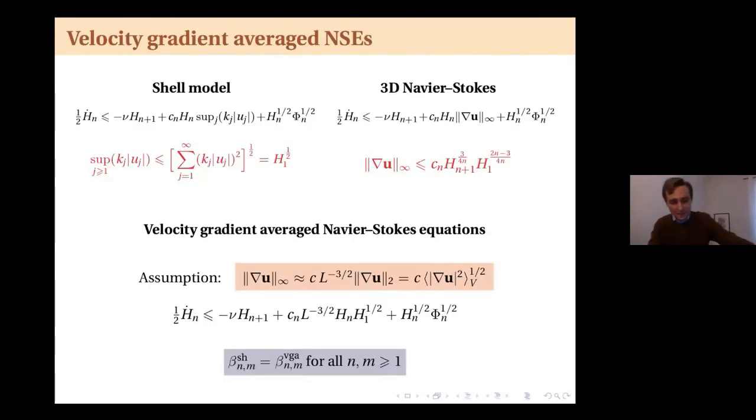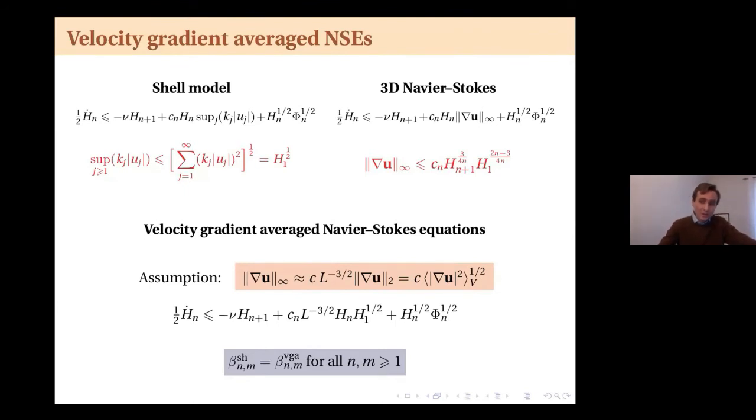And it turns out that if we supplement the Navier-Stokes equations with this constraint, so we assume that the gradient in infinity norm is approximately the same, I can replace it with the gradient in L2, which means the largest values of the gradient are comparable with the standard deviation.